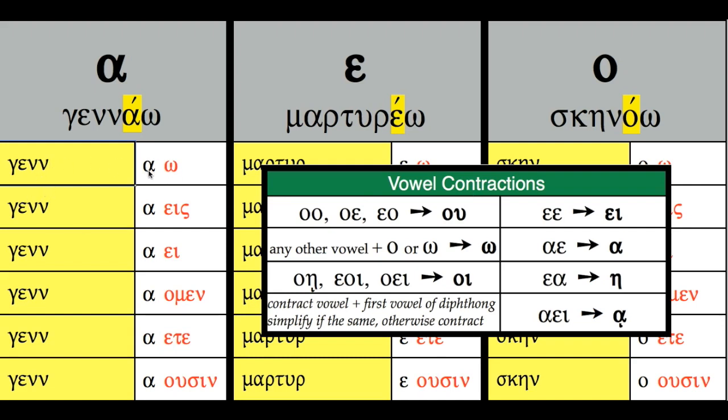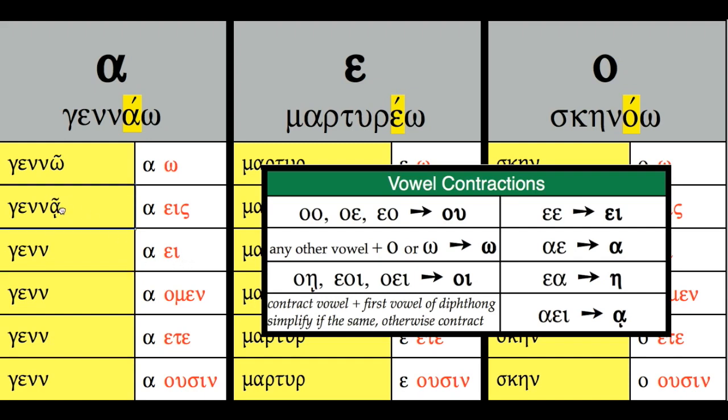So we have gena, o. So the rule that applies here would be any vowel plus omicron or omega just becomes an omega. So this would just become geno, like this. What would happen here? A plus epsilon iota. Well, there's that one right there. It becomes an alpha with an iota subscript. So like that. And I guess to get this exactly right, we would have the circumflex over there to show that this contraction happened.